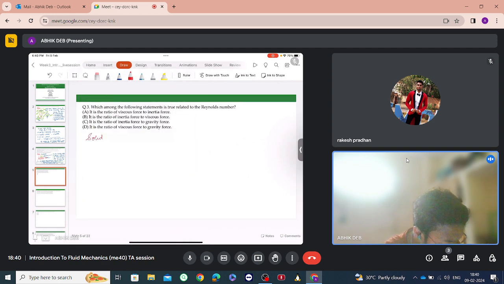It is a dimensionless number, one of the most important non-dimensional numbers in use.